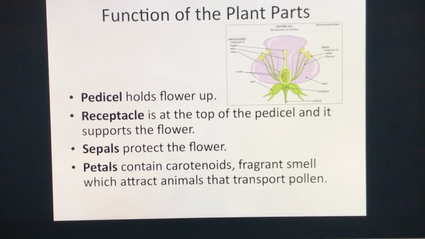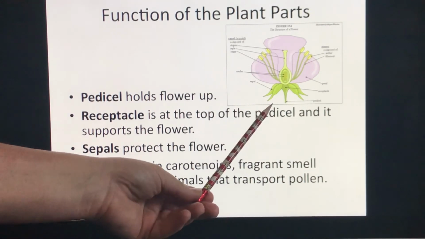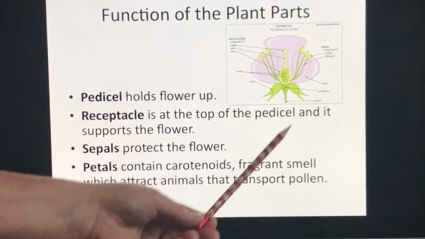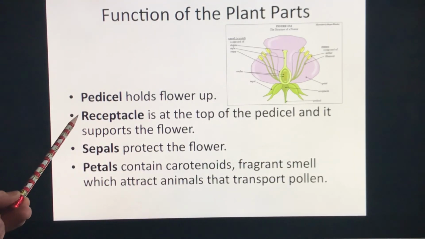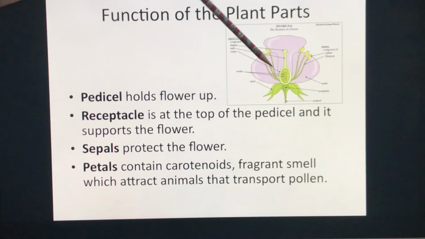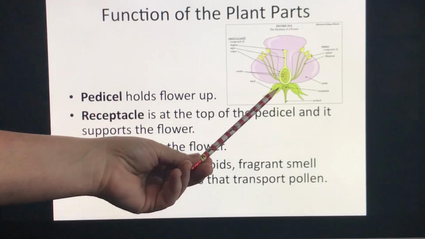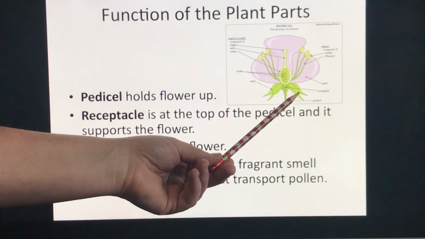All right, so let's look at the function of the parts of the flower. So first of all, the pedicel down here holds the flower up, and the receptacle is this portion at the top of the pedicel, and it's sort of reinforced to support the flower. Then you have the sepals here, which help to protect the flower.